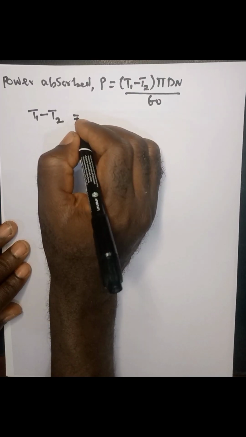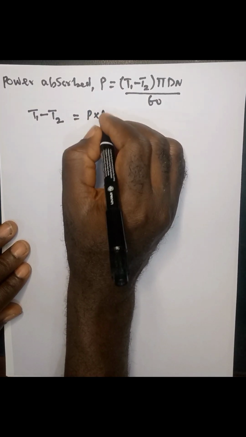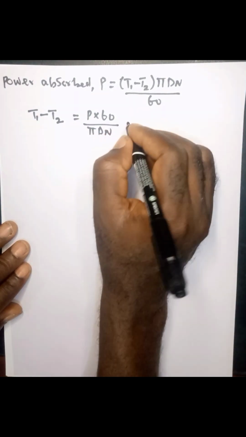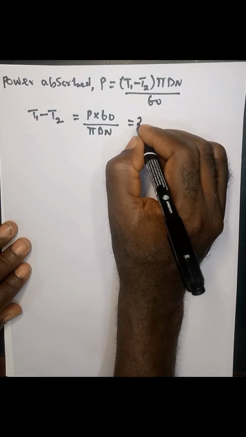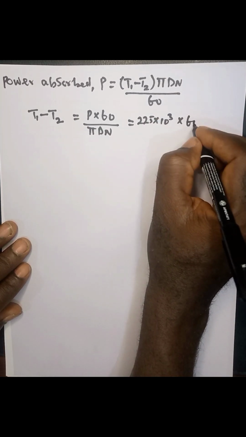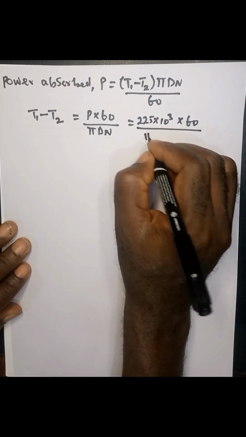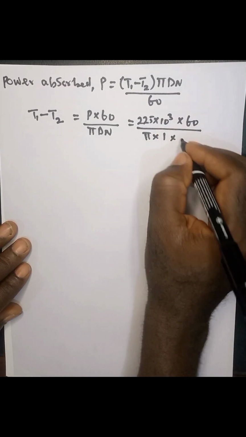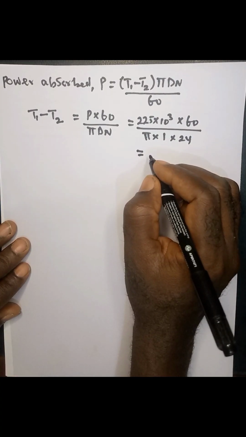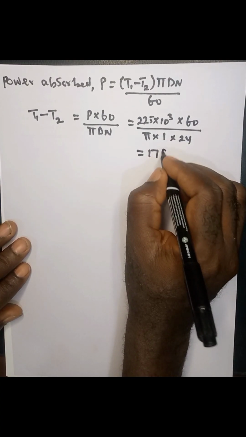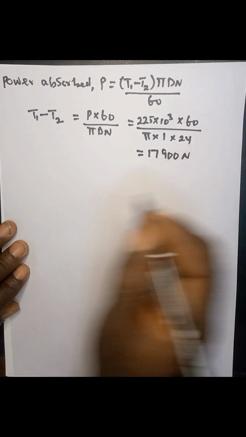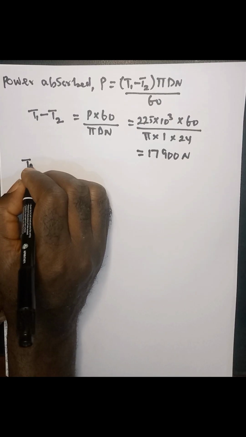We have power multiplied by 60 over pi D N. We'll substitute our values. We have 225 times 10 raised to power 3 multiplied by 60 divided by pi times D, which is 1, times N, which is 240. We are going to have 17,900 Newton.